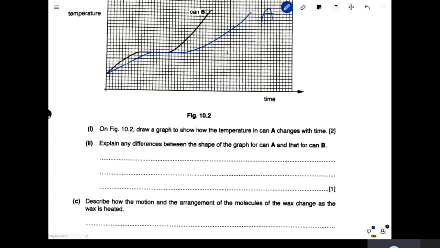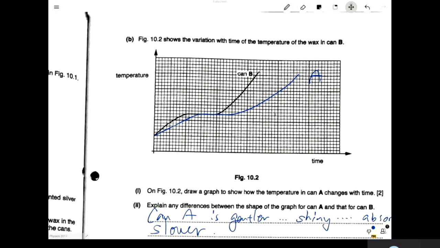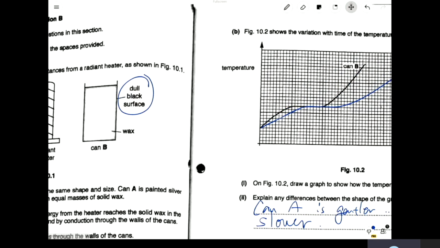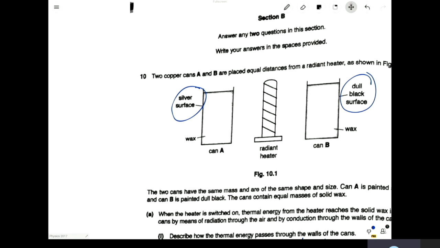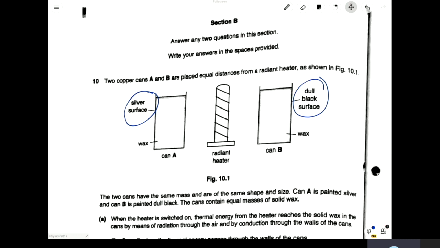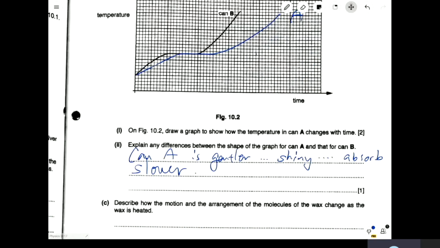We say that can A is gentler. Why? Because it's shiny. What's so different about shiny? Absorb slower. Right? Can you see that the shiny one is going to absorb the heat slower? Alright, that's fine.